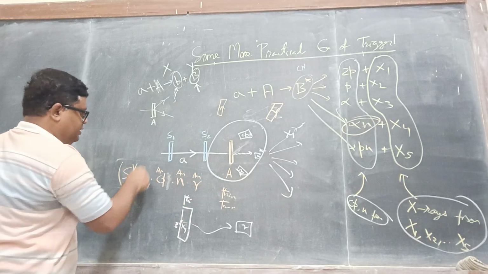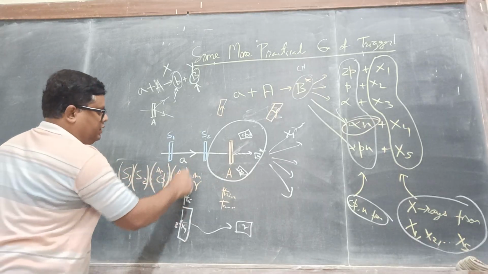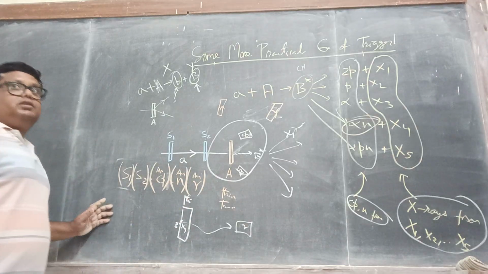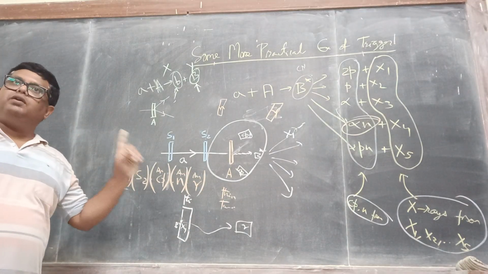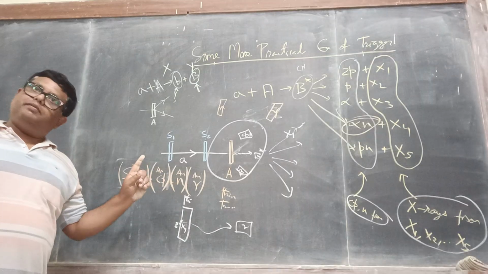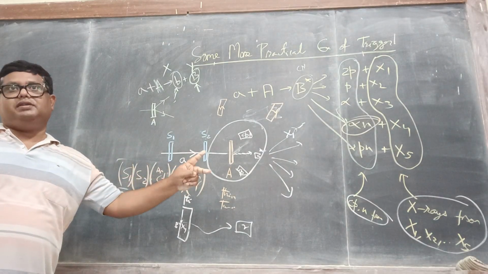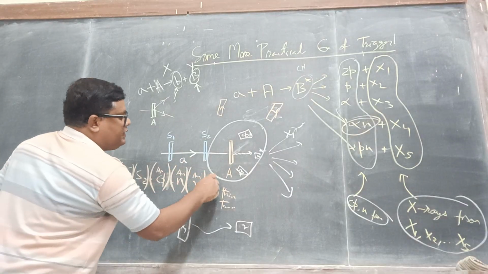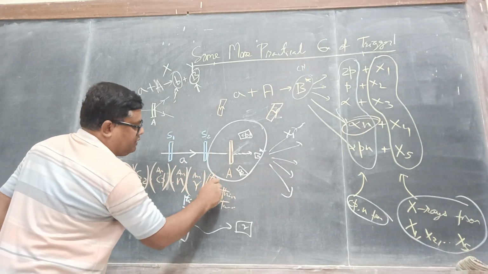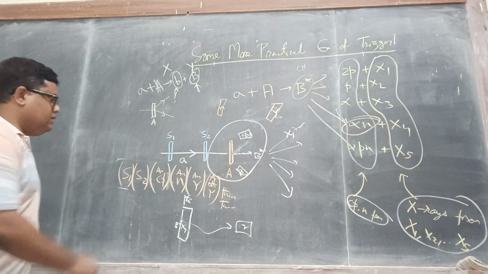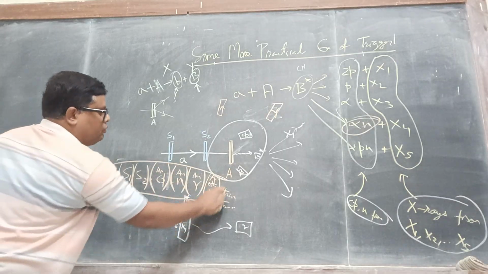So S1, S2, any charged particle, any neutron, any gamma. This is when I am interested in only one gamma being detected in one detector. Suppose I am interested in coincident gammas, then I have to put in any other gamma detector. So this is yet another trigger which is possible.